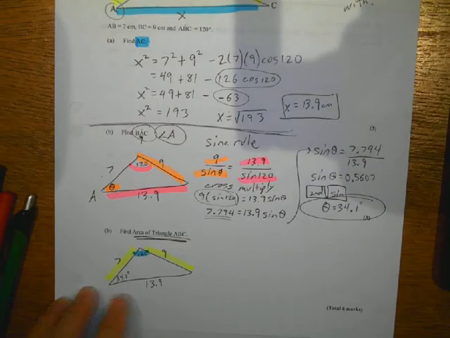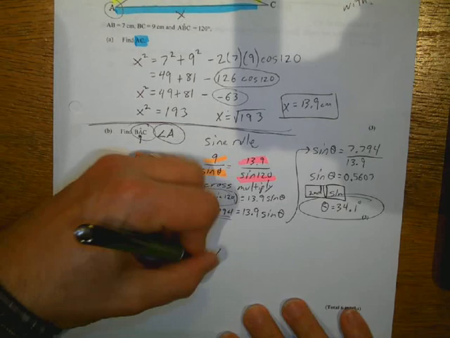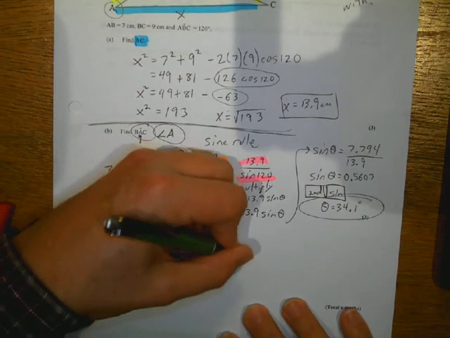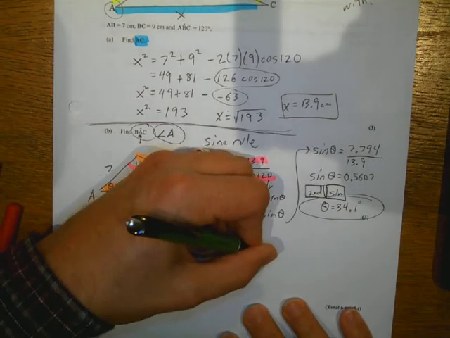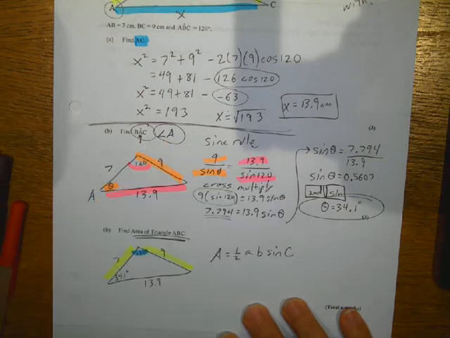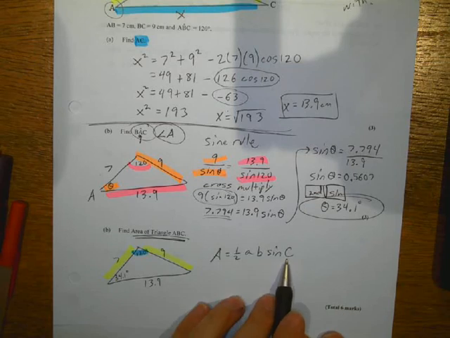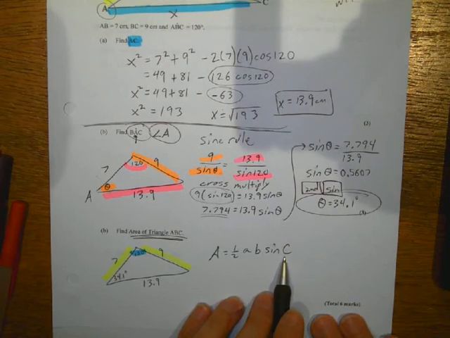But let's just do it the way I've written it here. So I've got A equals 1/2 side a, side b, sine C. Remember that I use lowercase letters for the lengths of sides and capital letters for angles or points.